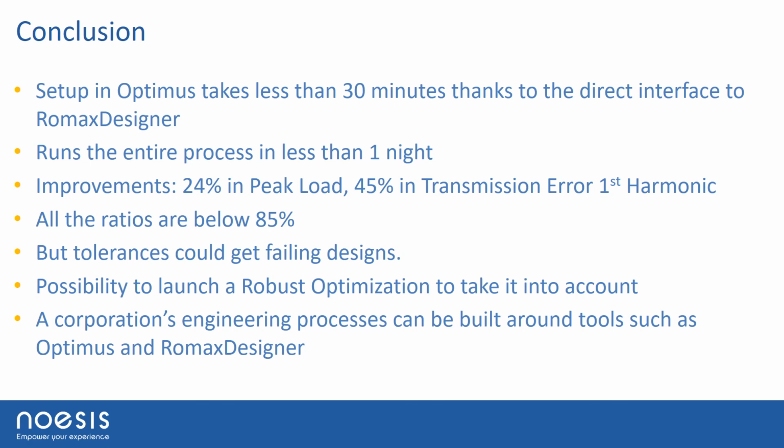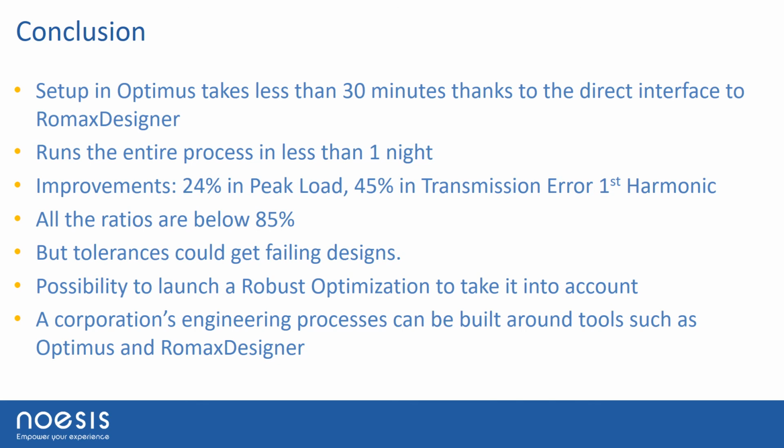And then what we did next was look at the tolerances and check if some slight changes in the input could not have dramatic effect on the output. And we saw that some of those input value, when they were changing too much, were getting us failing design. We saw that, for example, that we had 45% in the drive 100% load case.